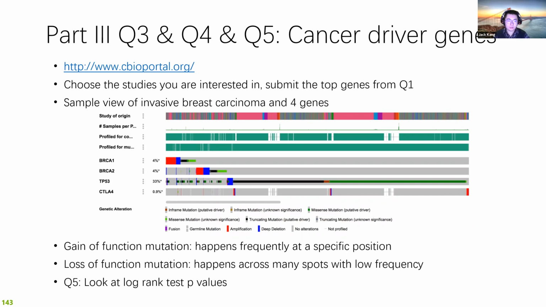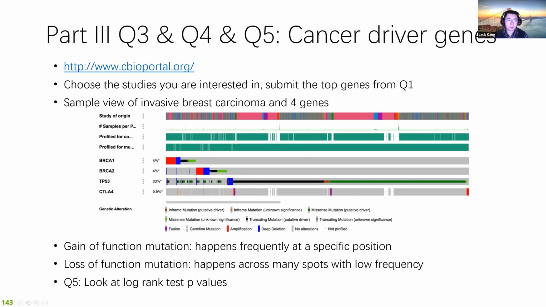Then you should choose the studies you are interested in, and you should also submit the top genes you get from question 1. Then you look at the positions of mutations and determine whether a gene is likely to be a driver gene.